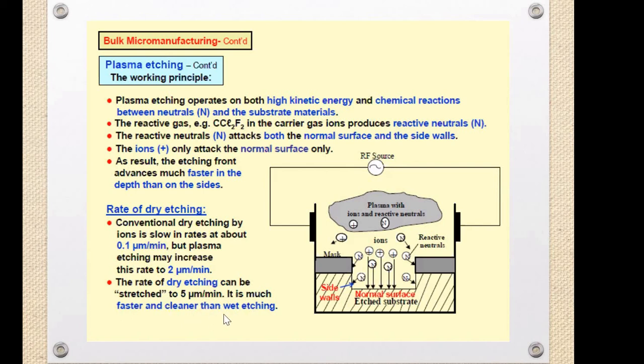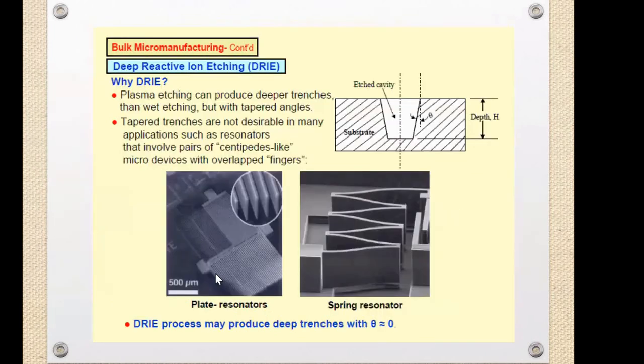It is much faster and cleaner than wet etching. The next method is deep reactive ion etching.